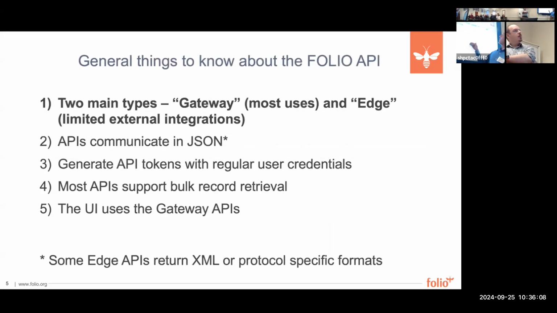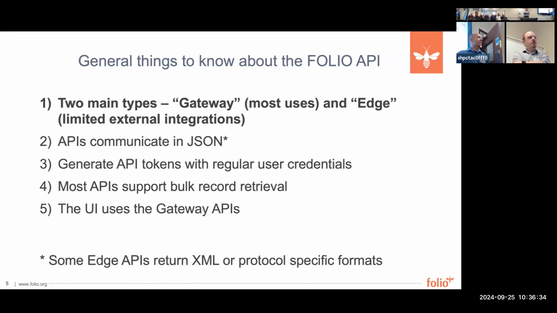There are two main types of APIs, because you'll hear about the Folio API. The vast majority of the time you're going to be talking to what is known as a gateway API. When you are using the web interface, you're using the gateway API. When you are writing something to import users or modify something, you're going to be using the gateway APIs.